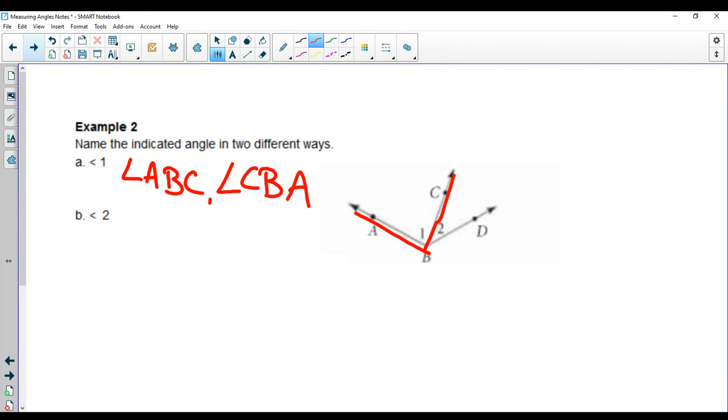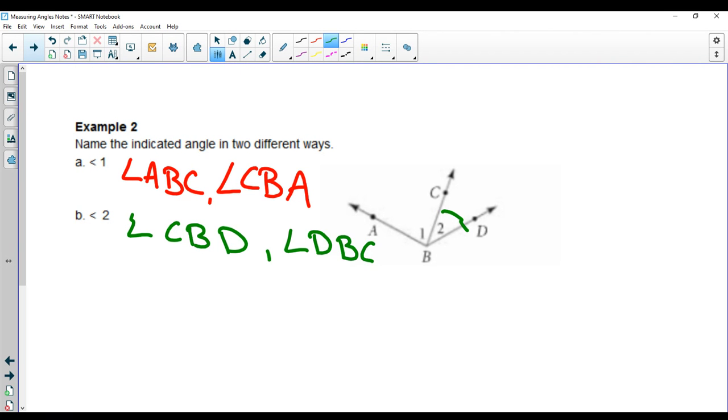Angle 2. Angle 2 is the smaller portion. So again, B is a vertex, so I could say angle C, B, D, or I could say angle D, B, C. I can go backwards.